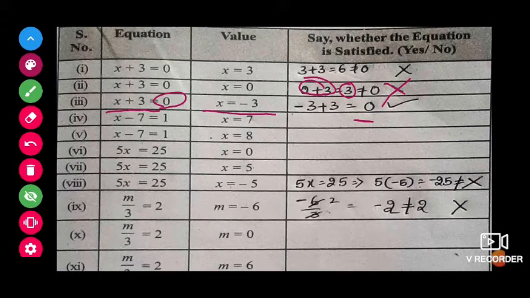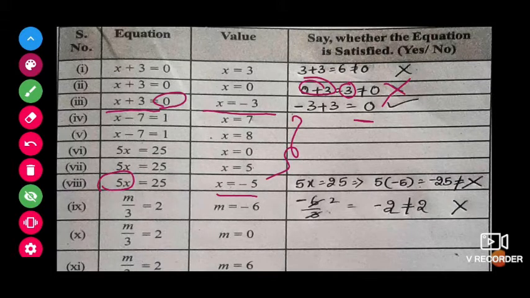Same way here, 5x is equal to 25. I left few sums children, that is for your homework. Do it in a textbook only. No need to do again in the homework book. Okay, now if we see the 8th sum, 5x equals 25. Now they given x equals minus 5. So take the variable part side, that is left hand side, we are having 5x.